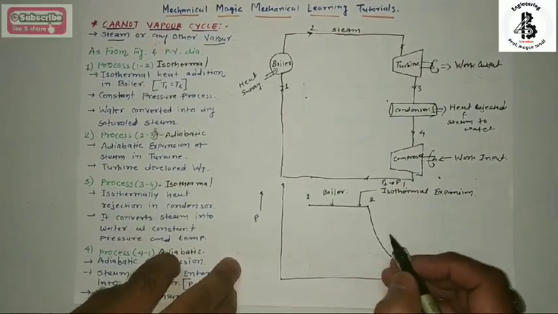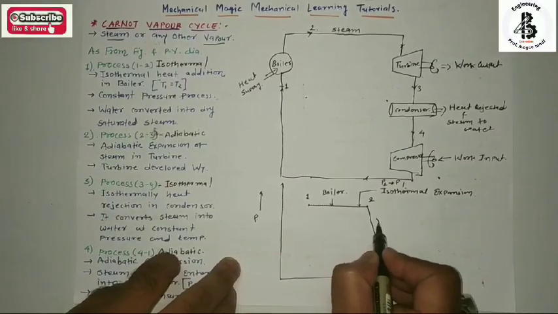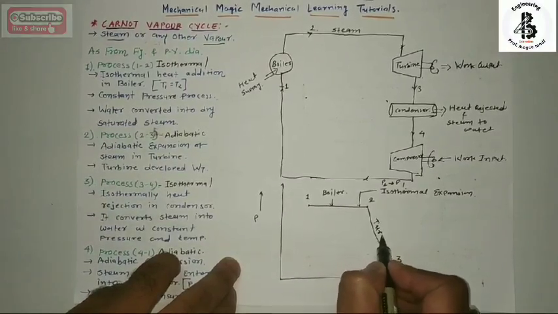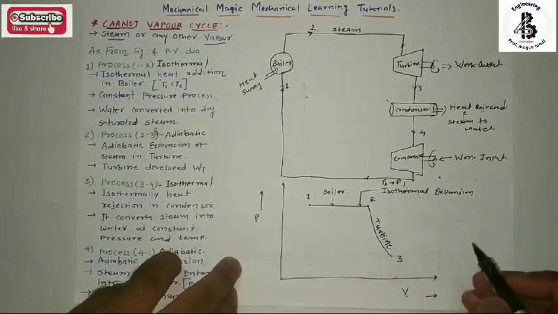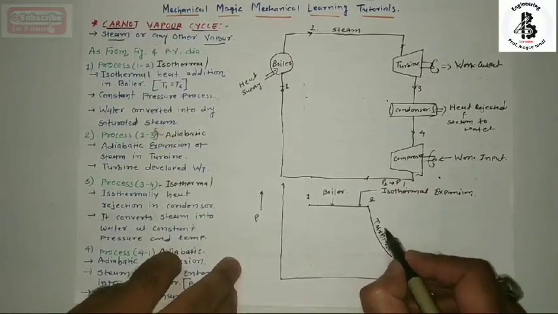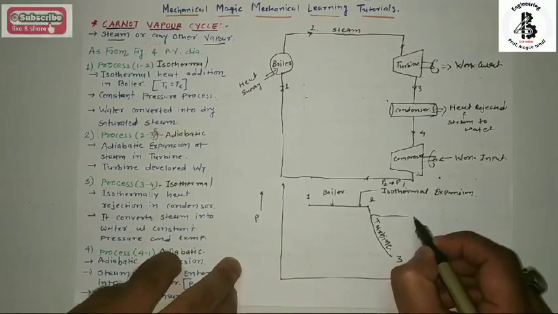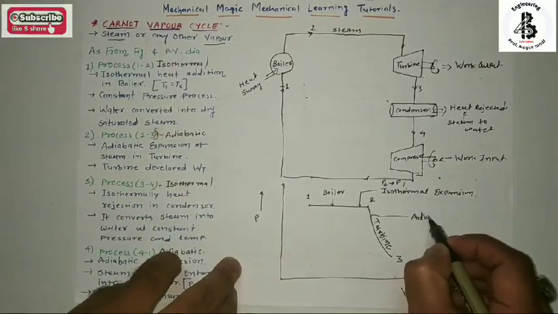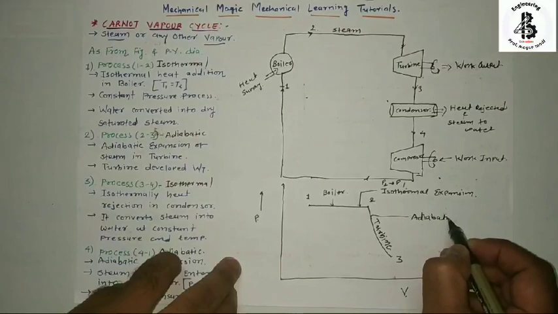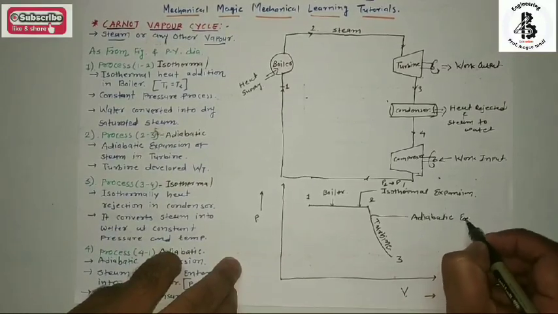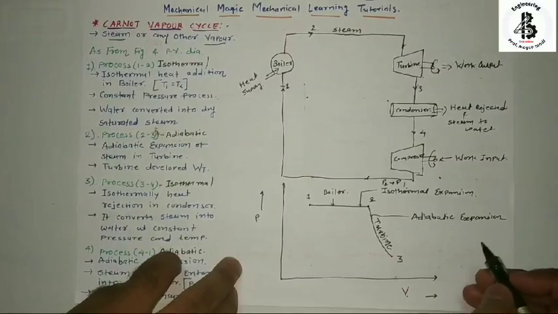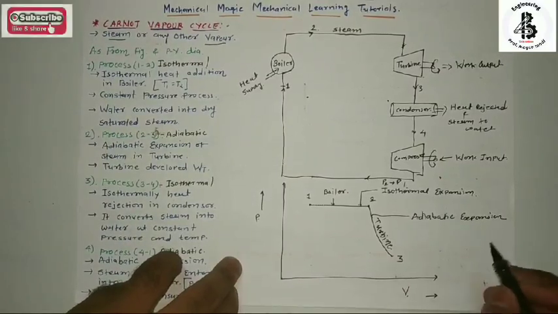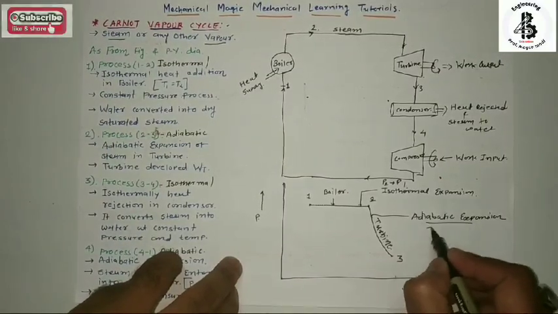Then the 2 to 3 process is called the turbine, or you can say the adiabatic expansion process, or in a simple way the isentropic expansion process.